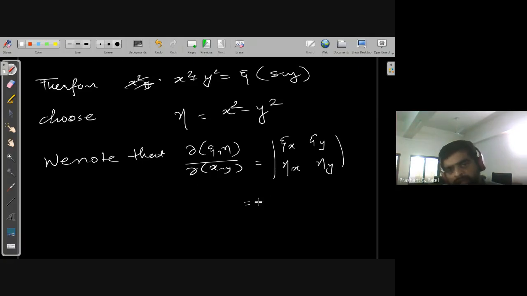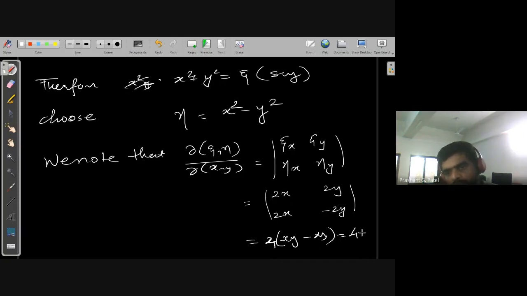The xi x we have 2x, this is 2y, eta x is 2x, eta y is minus 2y. So this gives me 2 times minus 2xy minus 2xy. So it is 4 times minus xy minus xy.